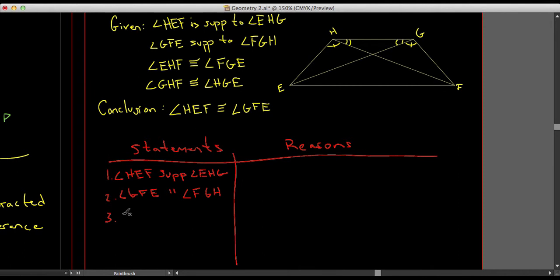We have that angle EHF is congruent to angle FGE. And our last given statement, the fourth, is that angle GHF is congruent to angle HGE. So 1 through 4 is given.